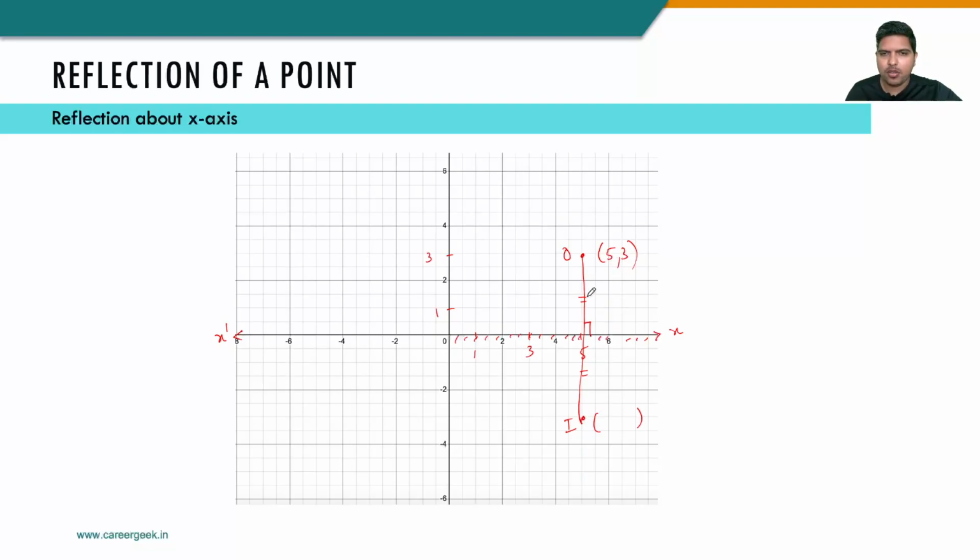If we come down, this is 3 units and this is also 3 units, just that x is remaining the same. So object and image are on a vertical line parallel to the y-axis. The x is not going to vary, but y is going to get reversed. Positive 3 will become negative 3, because in the fourth quadrant, we know it's plus and minus.